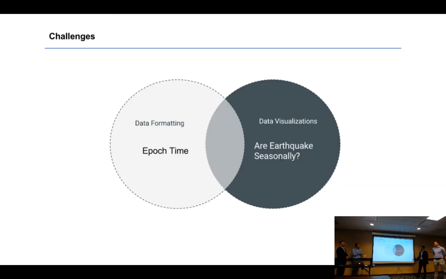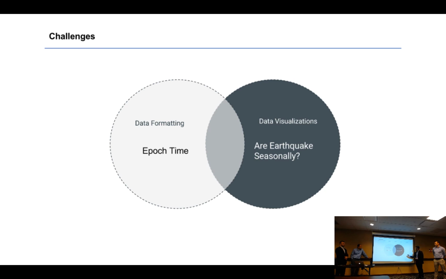The challenge that we faced in this discussion was unique to epoch time. Those who don't know what epoch time is, it's the Unix time that started on January 1st, 1970, which basically counted the seconds from then to now. This was a unique data formatting issue because it tied in all of our data sets through multiple data sources.